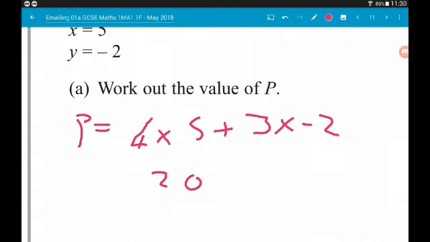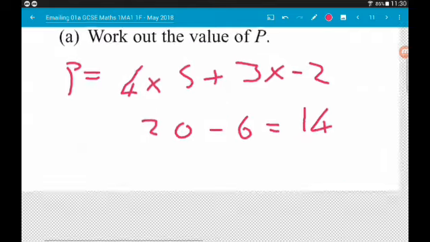So we're adding minus 6. So we're minusing 6. So that gives us 14.